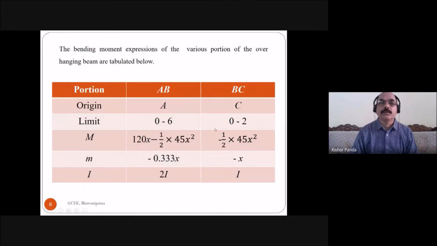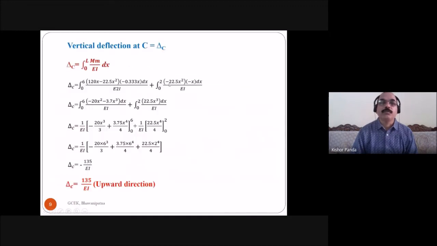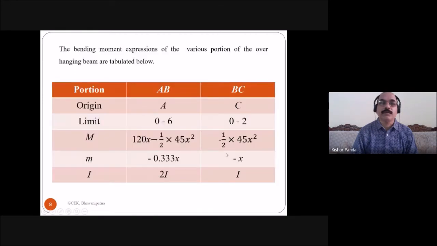Plus, for the BC portion, the integration limit is 0 to 2. This is the moment capital M and this is the small m: minus 22.5x square into minus x, dx by EI, and the moment of inertia is given as I.